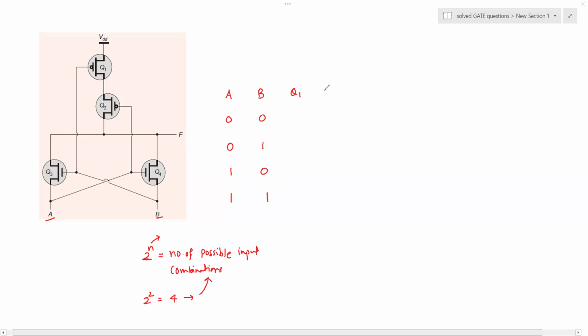So Q1 and Q2 are the two upper transistors, and then we'll see Q3 and Q4, the two bottom transistors. And finally, we'll see the output data line, and based on that, we will understand the functionality of this circuit.